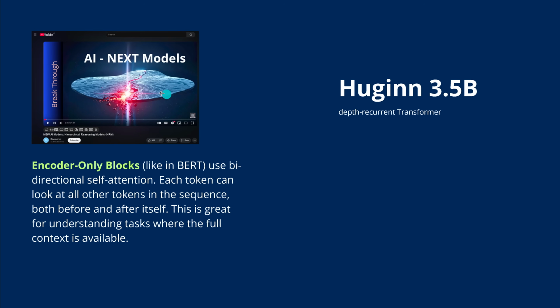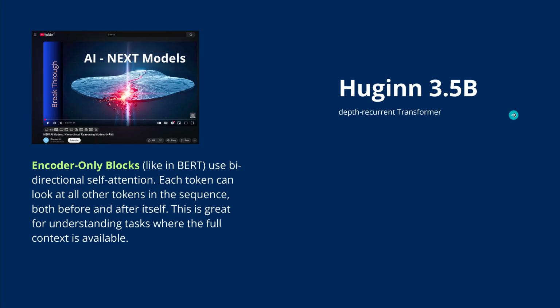Remember that in this particular case of hierarchical reasoning models, we were operating in transformer blocks that were encoder-only blocks, using bidirectional self-attention. So each token can look at all the other tokens in the sequence before and after itself. Great for understanding the full context.